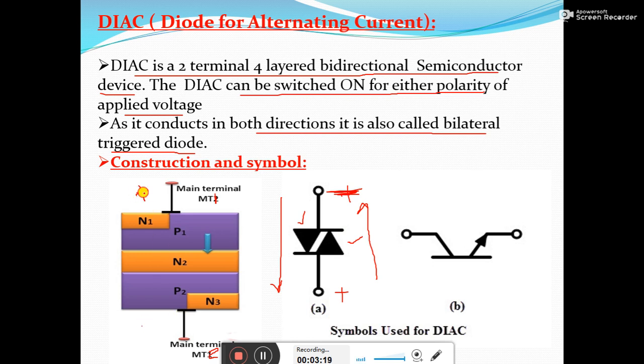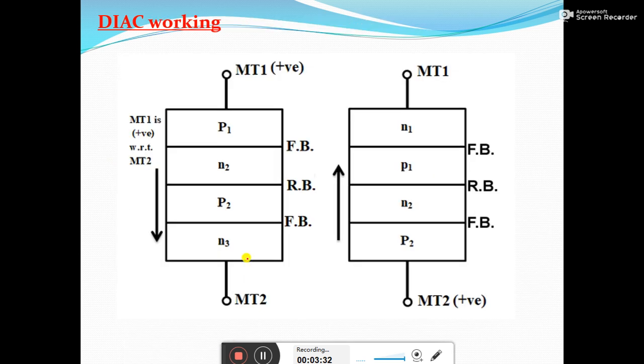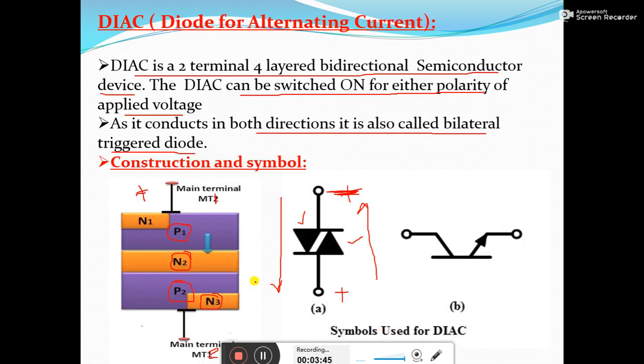So MT1 is positive with respect to MT2 here. Now the resulting layers of the diac are P1, N2, P2 and N3. The same is shown here. These four layers will come into the picture whenever we make MT1 positive with respect to MT2.